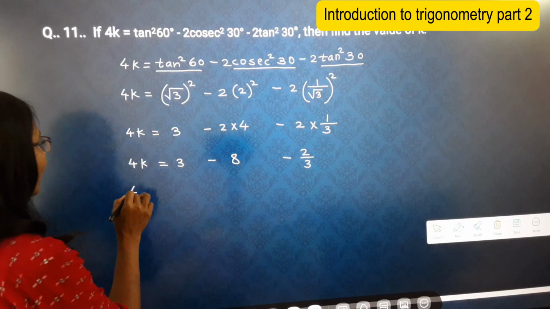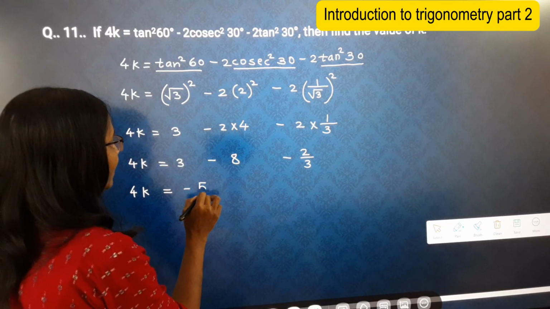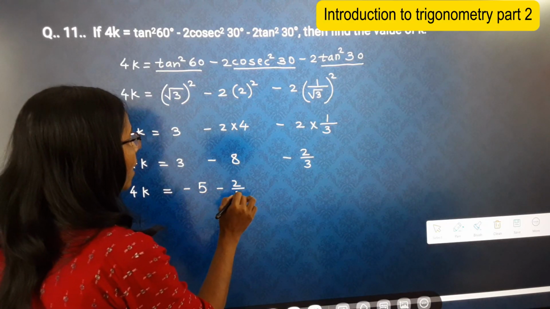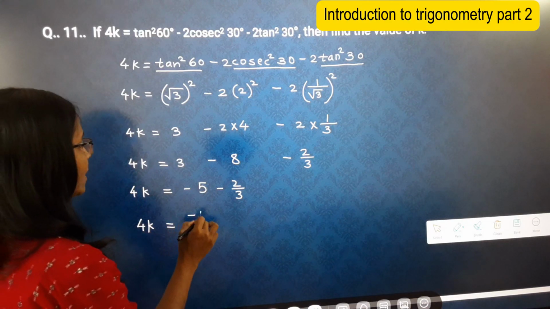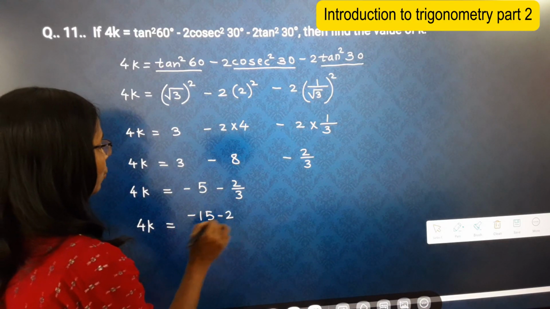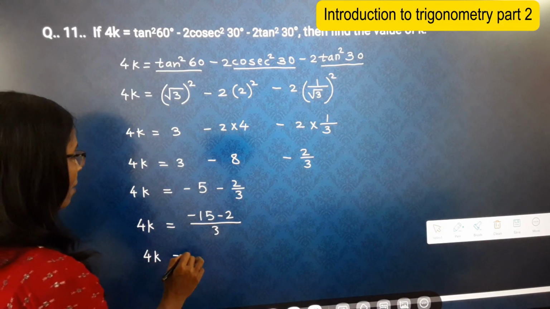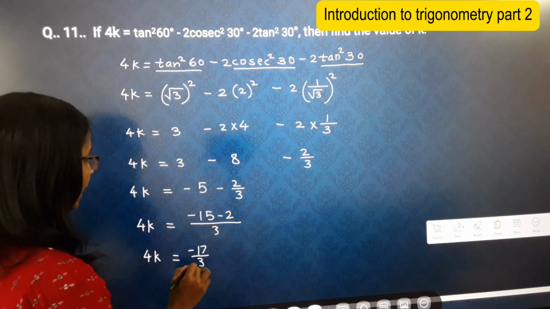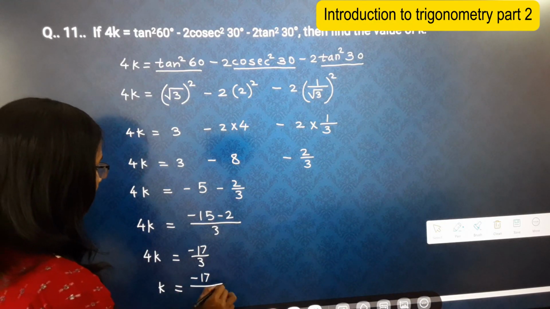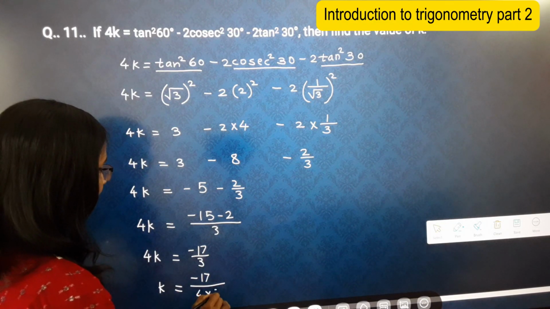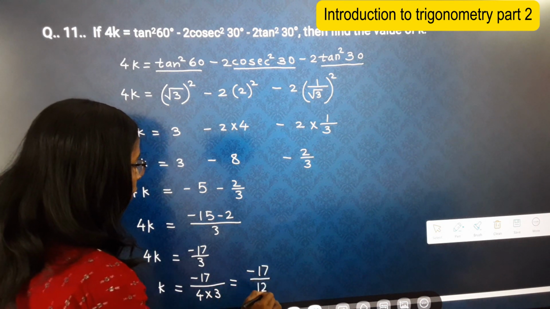So 4k is equal to 3 minus 8, that means minus 5, minus 2 upon 3. So 4k is equal to minus 15 minus 2 upon 3. That means 4k is equal to minus 17 upon 3, and that means k is equal to minus 17 upon 4 multiply 3, that means equal to minus 17 upon 12.